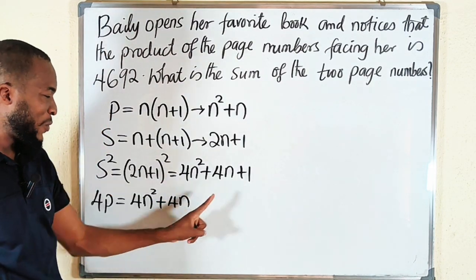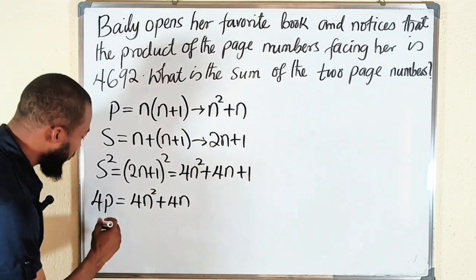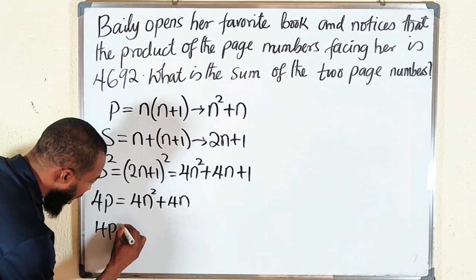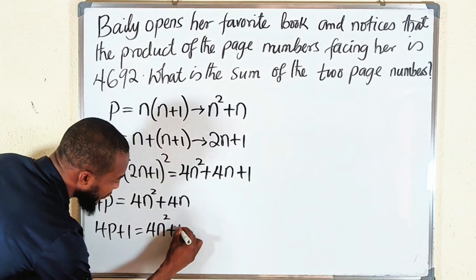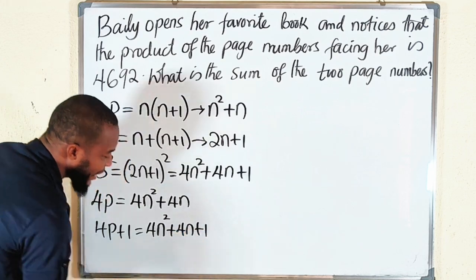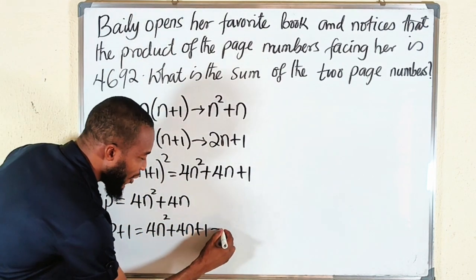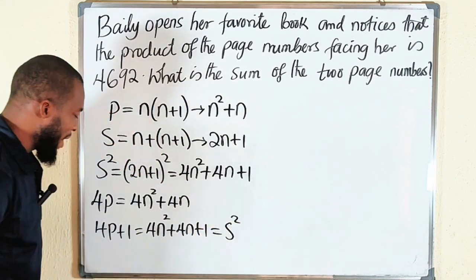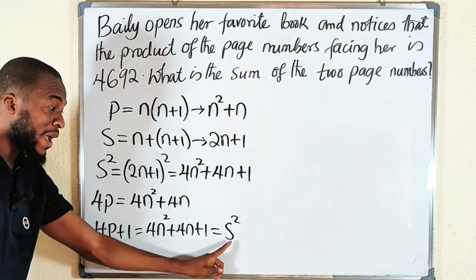So what can we do? We can add 1 here so that this and this can be exactly the same. So you take 4p, you add 1. This is going to give us 4n squared plus 4n, then plus 1. And they are now exactly as this, which is what? S squared. So the whole of this is what? S squared.